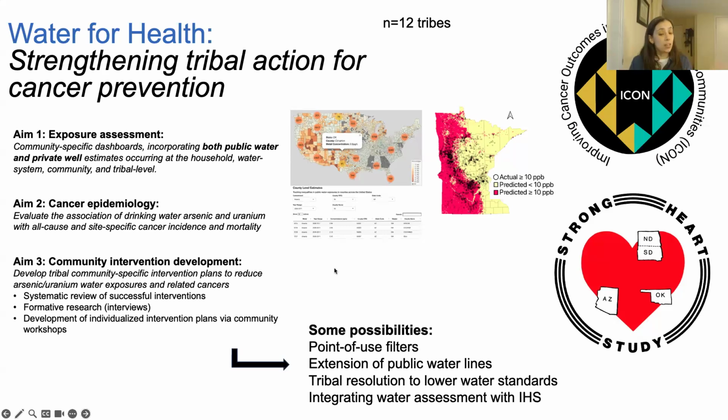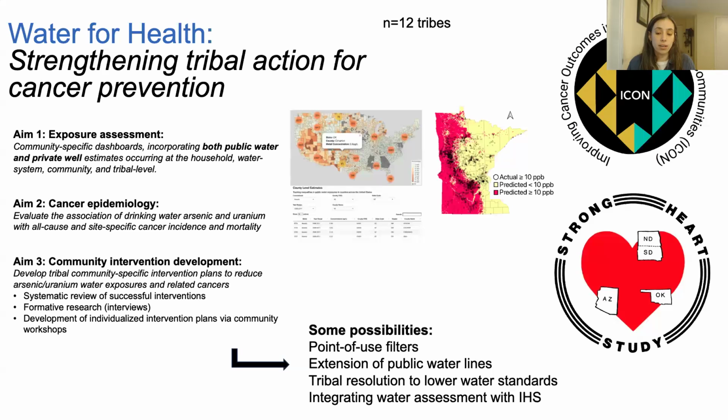Some potential possibilities that might come up, and we'll see what communities want to do, could be point-of-use filters in the home, extension of public water lines to folks who are currently on private wells or who are hauling water, and tribal resolutions to lower water standards.